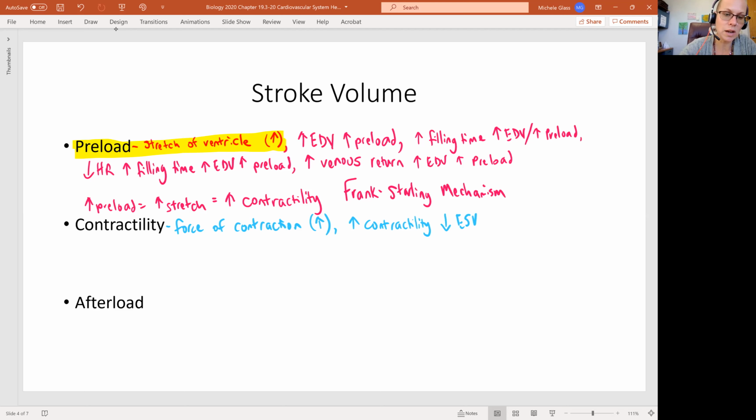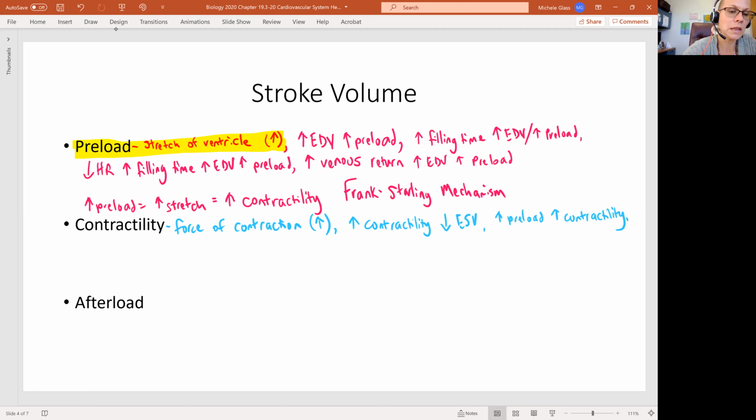Then we've already seen you have this direct relationship where you increase your EDV. That's increasing your preload. That's increasing your contractility. So a high preload increases contractility. So those two are intimately connected.